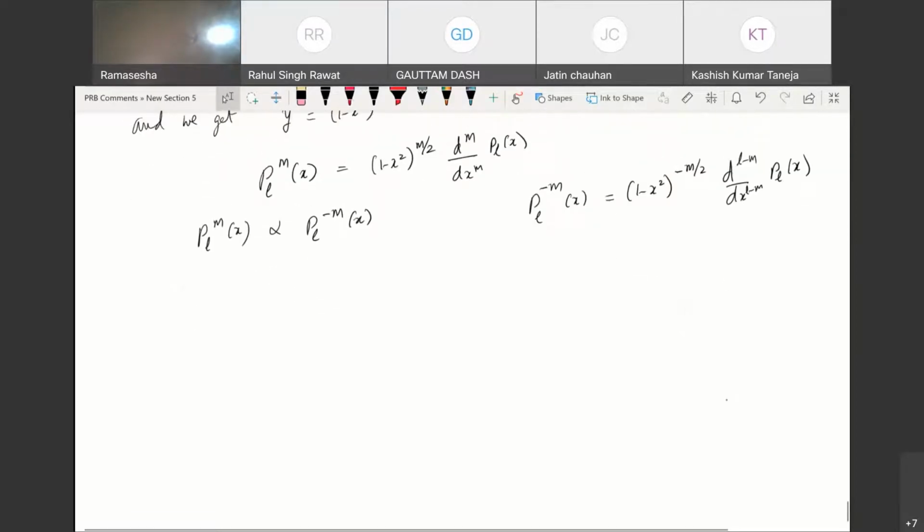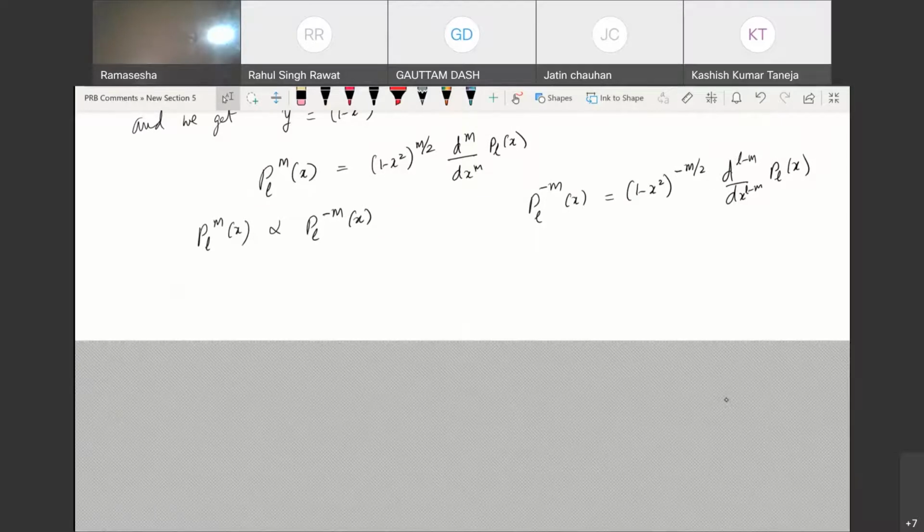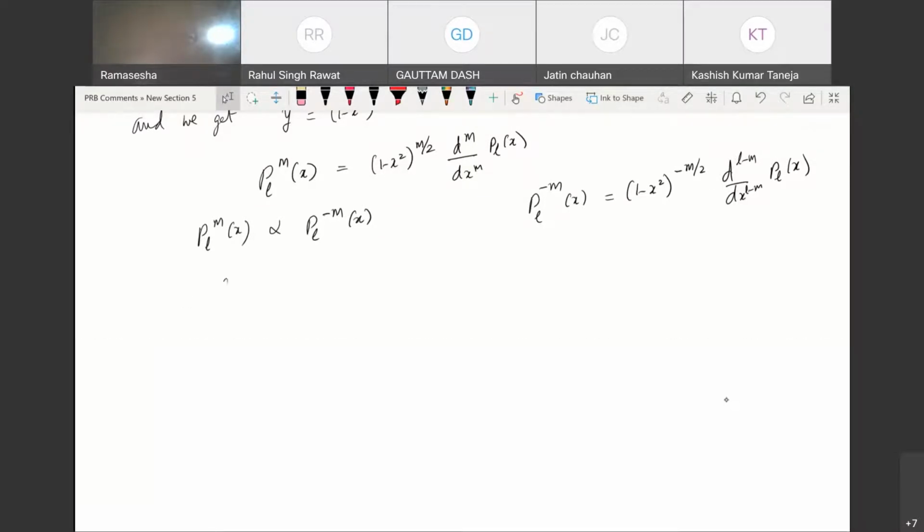So now we have two solutions: Theta of theta is equal to P_l of cos theta.